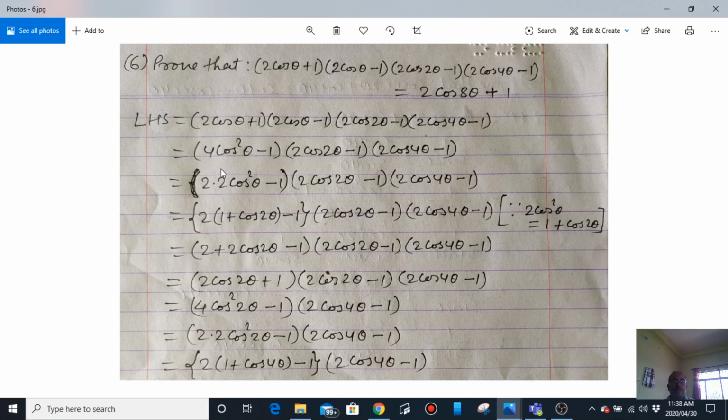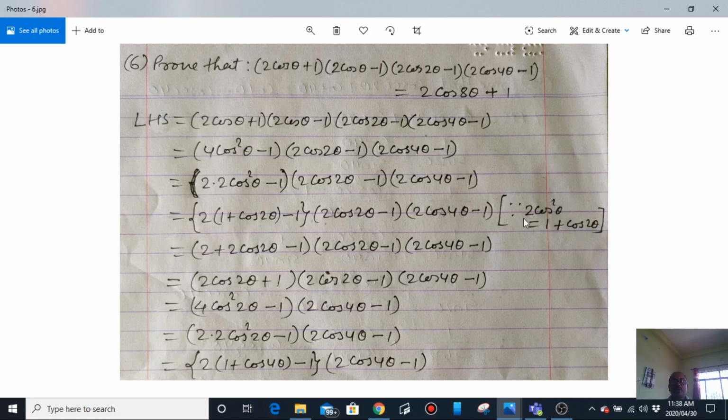Now we will modify this bracket. 4 means 2 into 2 cos square theta minus 1. These two are same. Now 2 as it is, and 2 cos square theta equals 1 plus cos 2 theta. So if you go back to the list of formulas, you can get it. 2 cos square theta is 1 plus cos 2 theta, minus 1 is carried forward. These two terms are untouched.